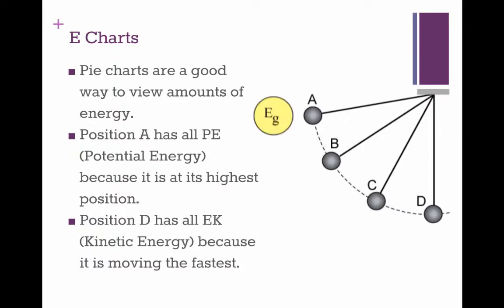So we would represent that by a circle pie chart that is completely labeled EG at position A. At position D, we would label it all EK, because all the energy is EG at position A and all the energy is EK at position D.